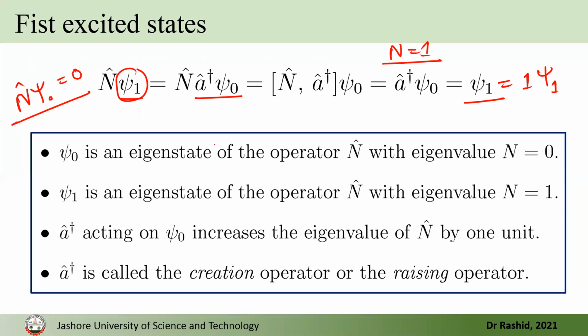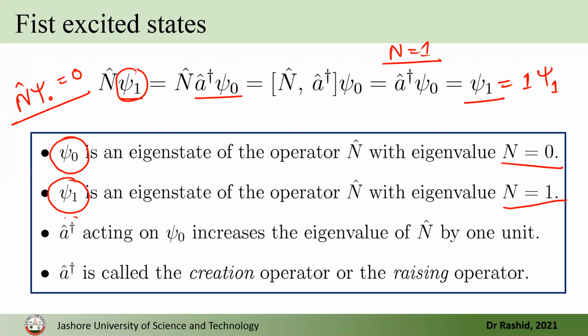So far we have arrived at this: when the number operator acts on psi 0, it gives us the eigenvalue 0, and when it operates on psi 1, it gives us the eigenvalue 1.